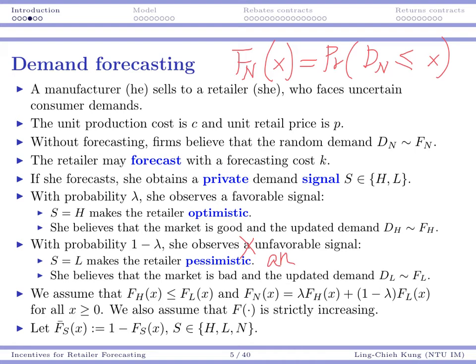So before forecasting, your demand function is F_N, and after forecasting, it will become either F_H or F_L. We will assume that capital F is strictly increasing for any possible demand function. Now let me write it as F_s. And also we define 1 minus F_s of x as the right-hand side, the right tail probability of a CDF.